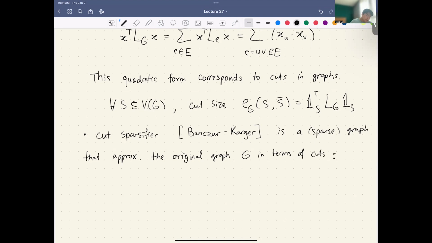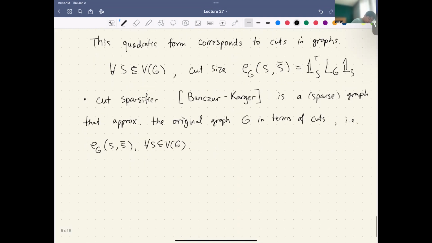What it means is that we want to approximate E(S, S bar) for any S.